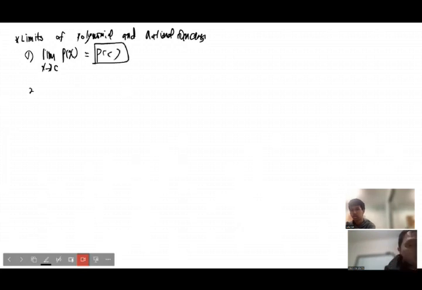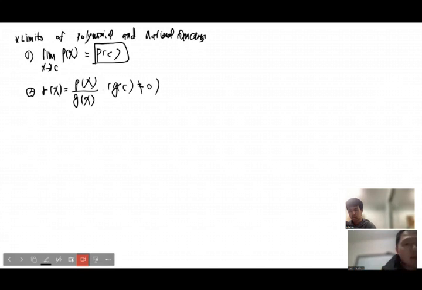And number two, if there's a rational function inside the limit, which is expressed with p(x) and g(x), here g(c) must not be equal to zero. Otherwise, g(x) becomes zero, which makes this r(x) function go to infinity, so there's no solution.